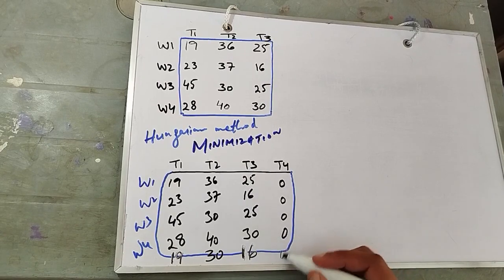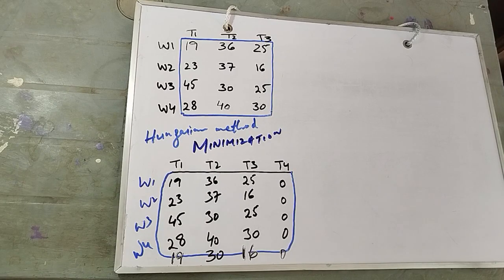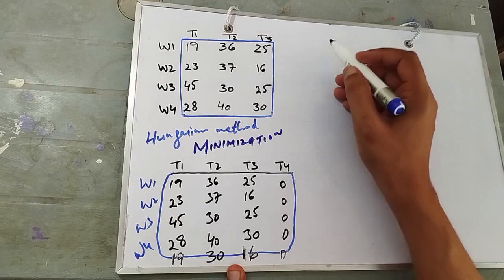And 0: you see 0 is the least one over there. Now we have to reduce the columns with these numbers.